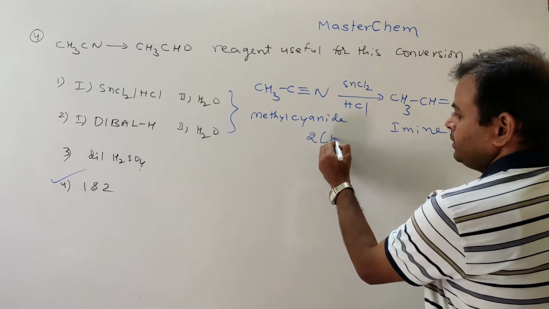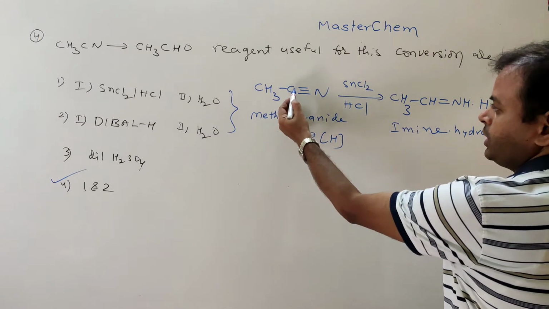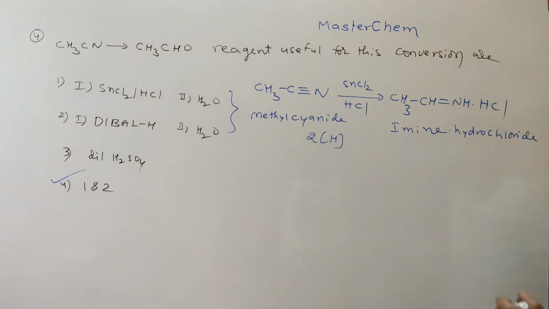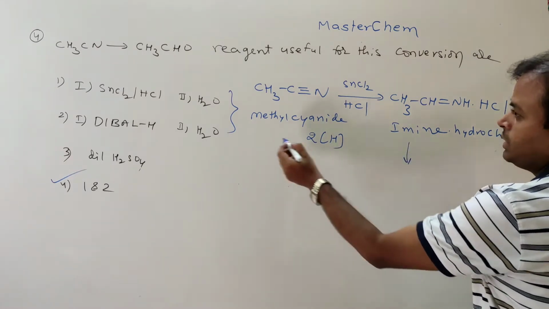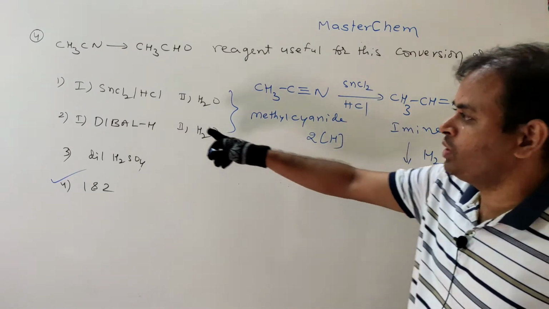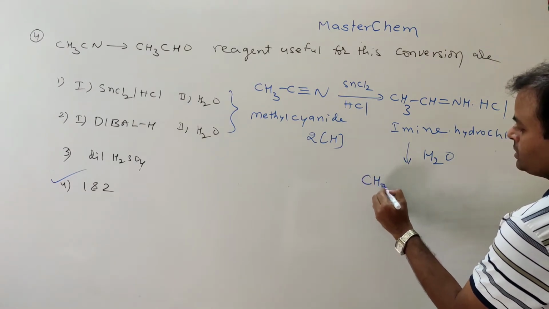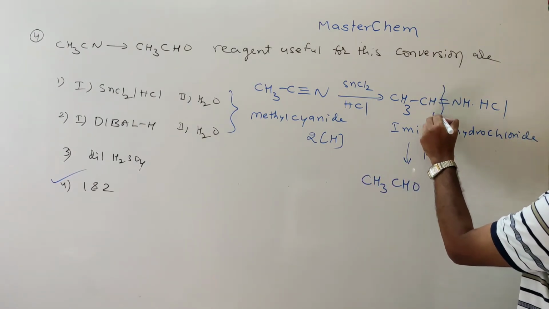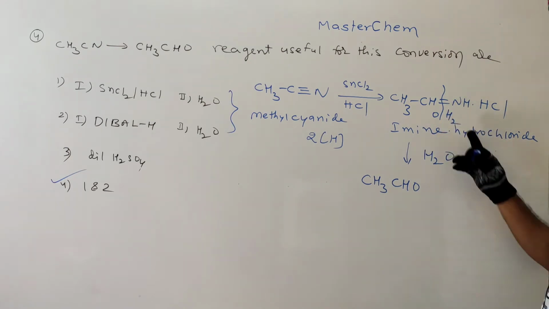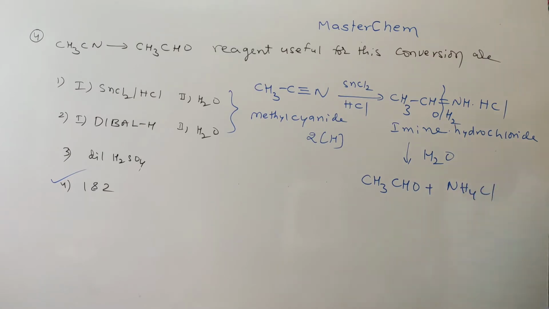Two hydrogens are added, one at carbon and another at nitrogen: CH3CH=NH·HCl. This is imine hydrochloride. The first step is SnCl2 and HCl, and the second is hydrolysis, H2O. On hydrolysis, what does it give? CH3CHO. Here it gives NH4Cl, ammonium chloride. So acetaldehyde is prepared.